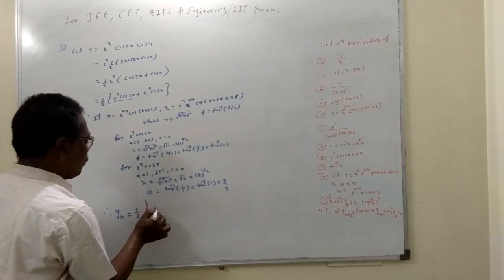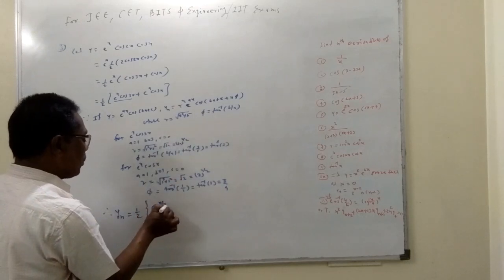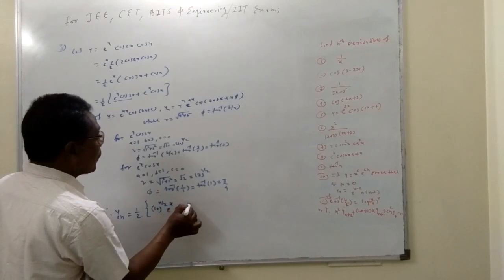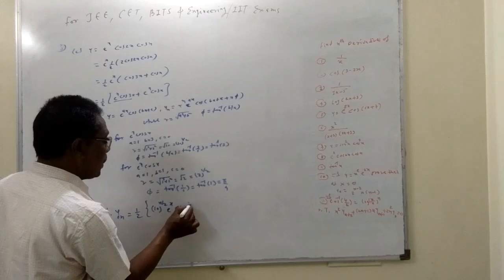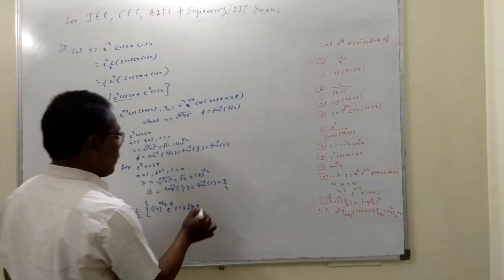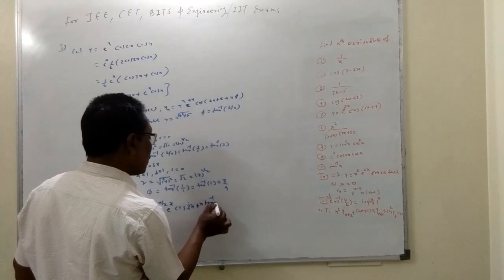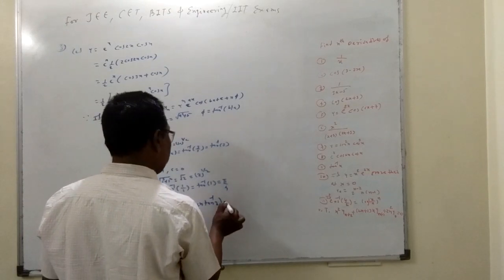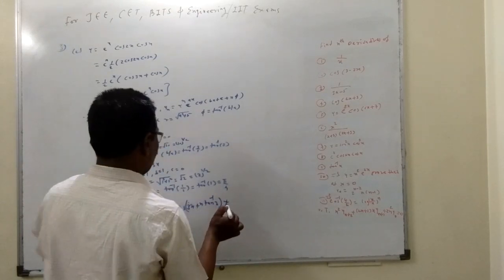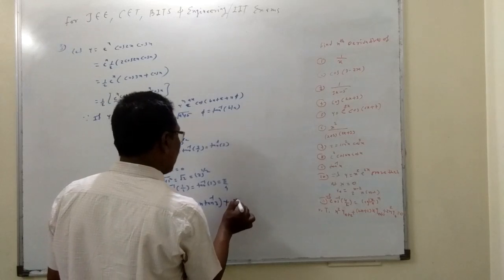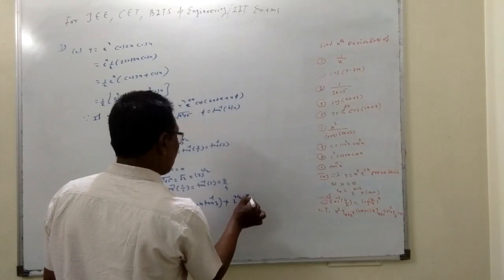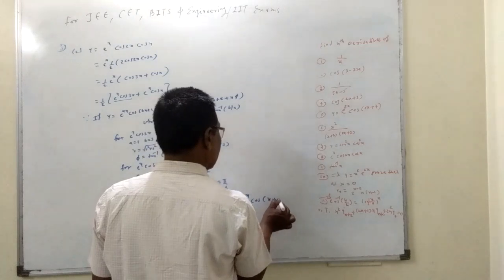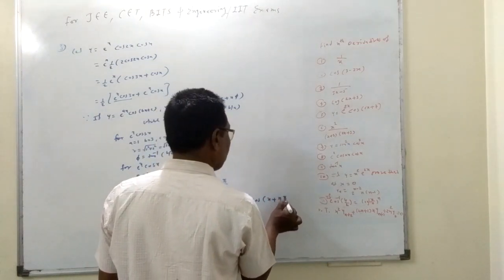So 10 raised to half means 10 raised to n by 2, e raised to x cos of 3x plus n tan inverse 3, plus, now for this function r is equal to 2 raised to half, so 2 raised to n by 2, e raised to x and cos x plus n pi by 4.